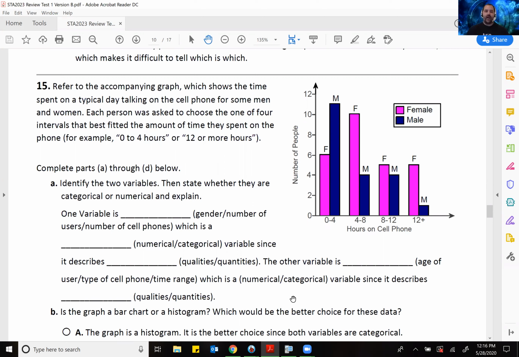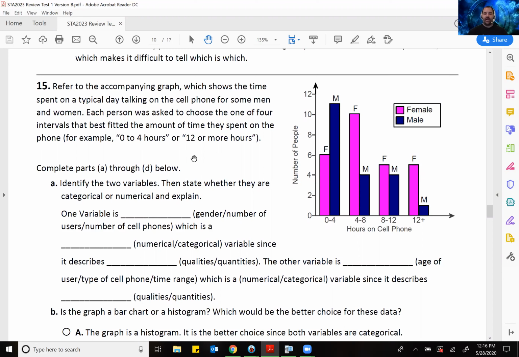I know that it is a measurement. I get that. And if they were allowed to put in their total number of hours, then I would say it's numerical. But how are they supposed to answer this? In intervals. Are you in the category 0 to 4? Are you in the category 12 or more? Does that make sense, Miriam? Yeah, I got it now, I missed that sentence.